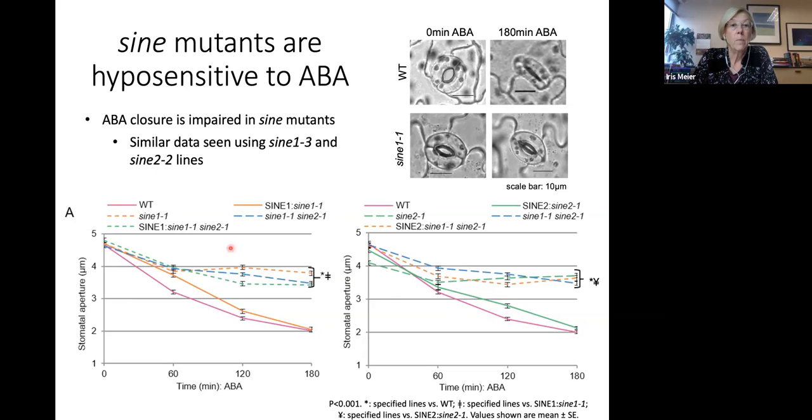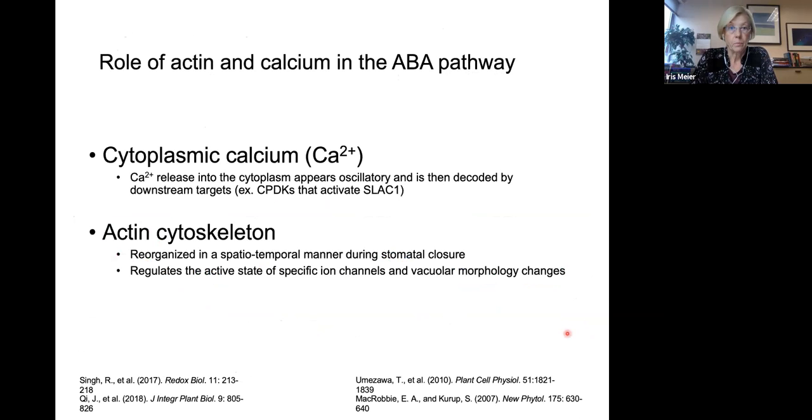And we can complement this by putting mini genes of either SINE1 or SINE2 back into the plants, and then the mutant defect is rescued. So both proteins, the one that's highly expressed in GARD cells and the one that's weakly expressed in GARD cells, have a defect in stomatal closure.